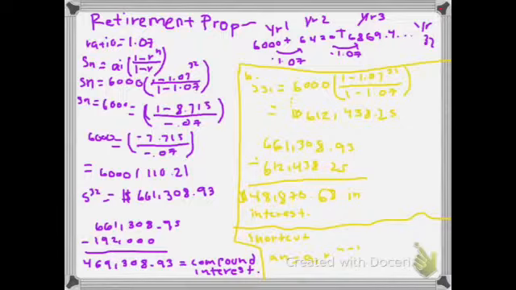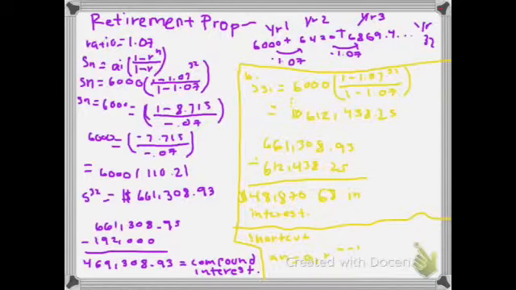Then for the second step, we will need to figure out how much was added to the retirement account in just the last year, between the 31st and the 32nd year. So what we're going to do is we're going to have the equation S31 equals 6,000, and then you're going to put the numbers into the equation, and with that you're going to get 612,438.25.